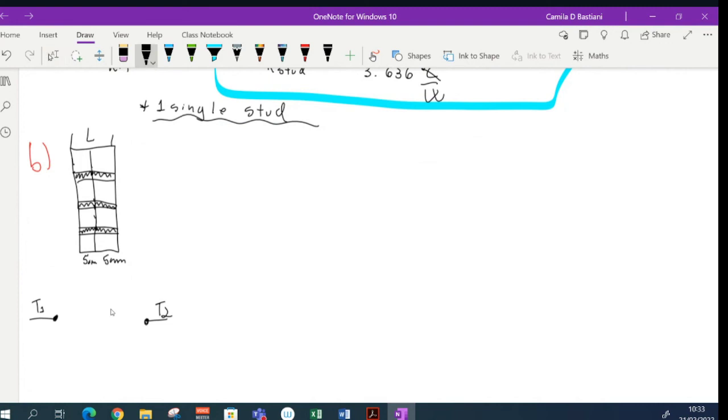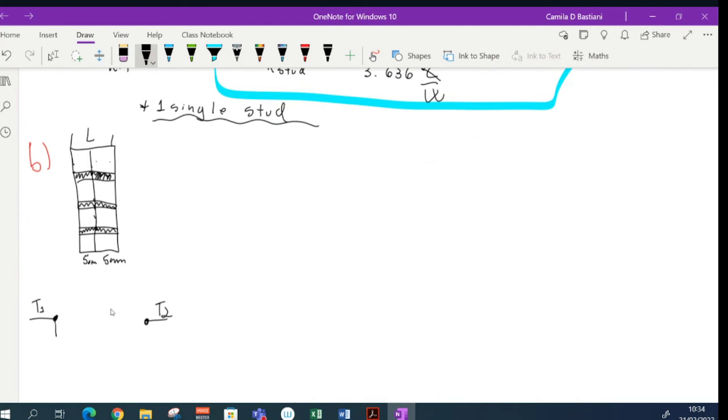Do you think that the resistance of the nails and the wood, they are in series or they are parallel to each other? Would that be a series or a parallel case? Parallel, exactly, Connor.